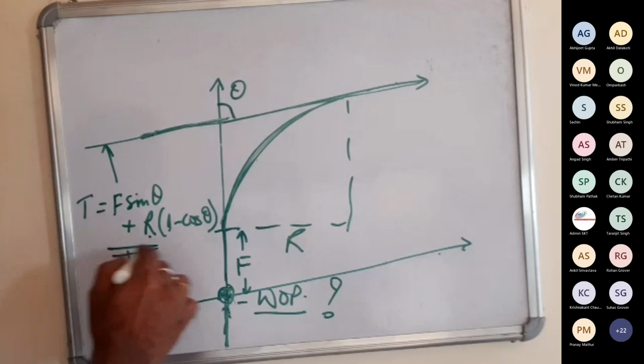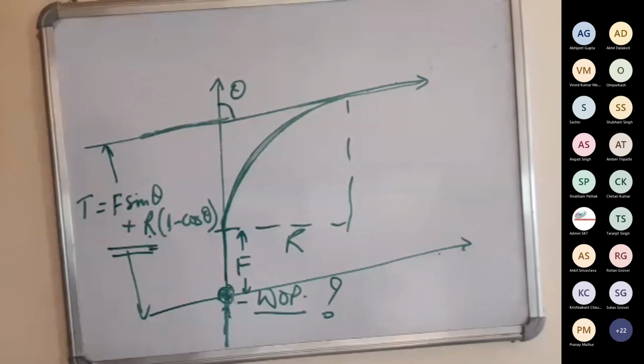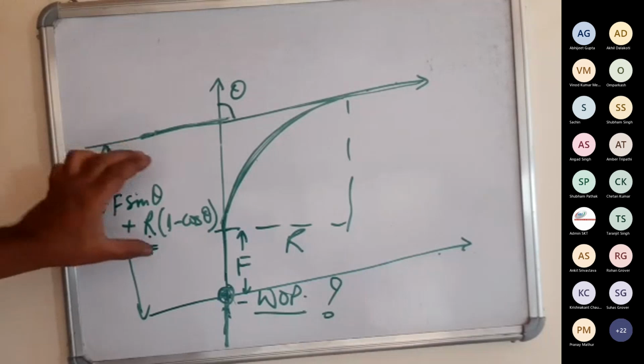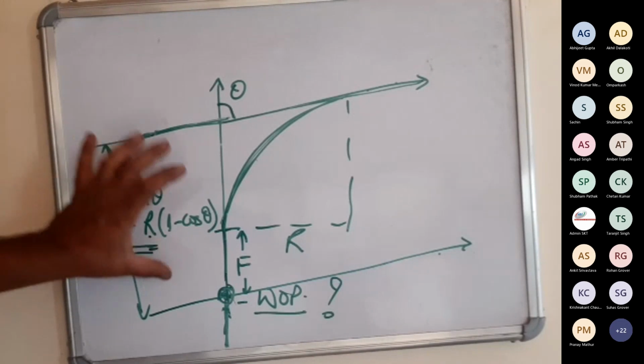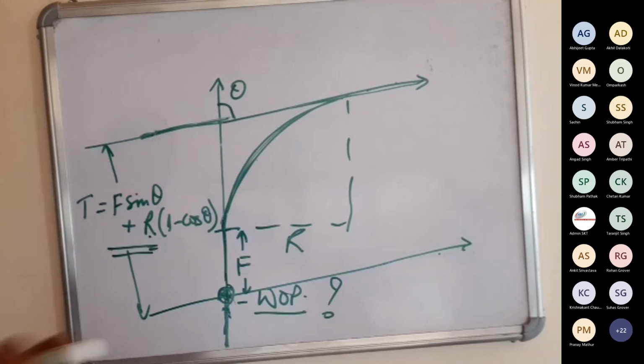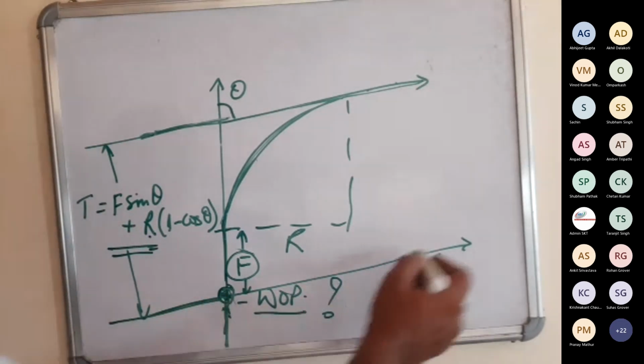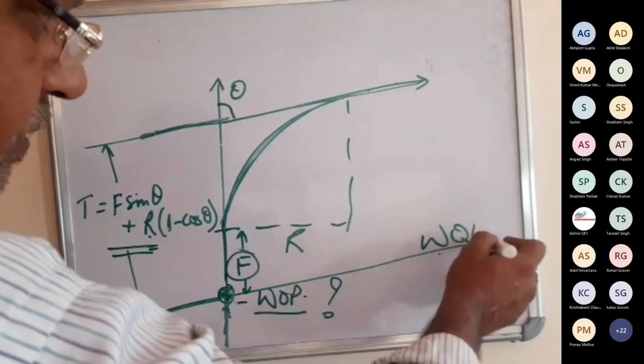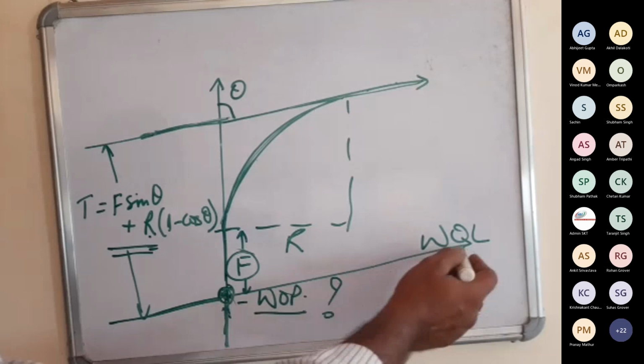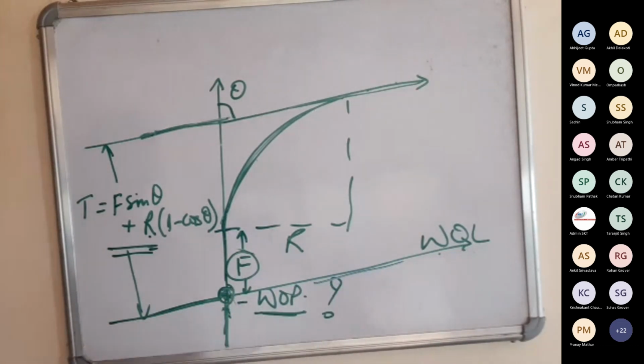So we will take a look at this a while later, but we should now be familiar with the reaction distance F, the wheel over line, which is this line, and the wheel over point.